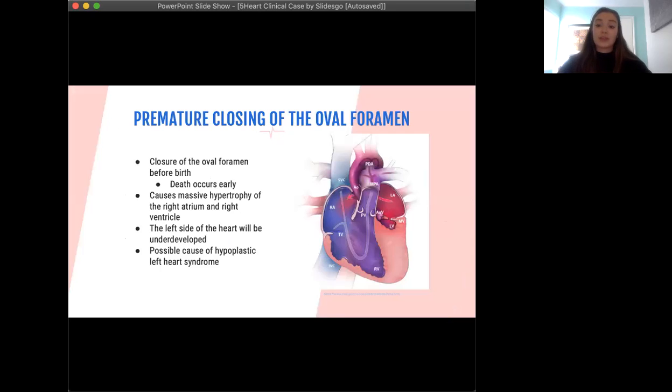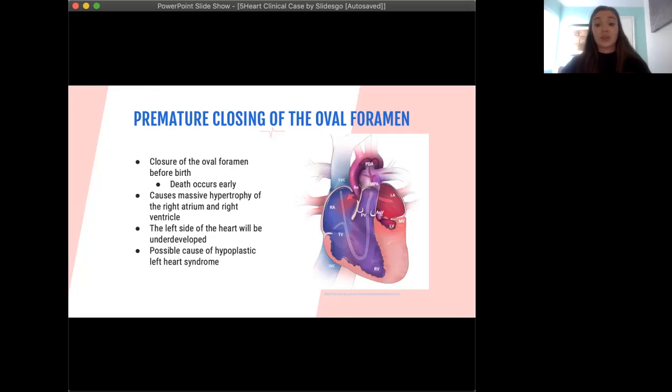Premature closing of the oval foramen, or the foraminal valve, involves closure of the oval foramen before birth, and this results in death pretty early on after the partum period. Due to the closure, a massive right atrial and ventricular hypertrophy event occurs.